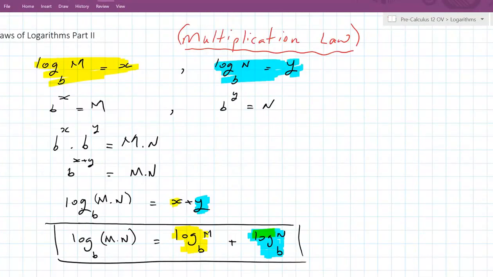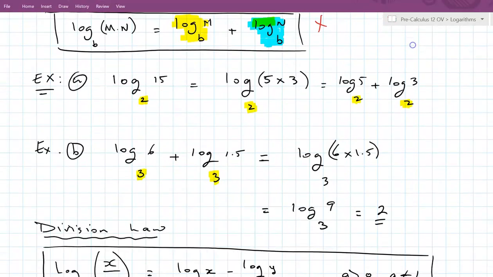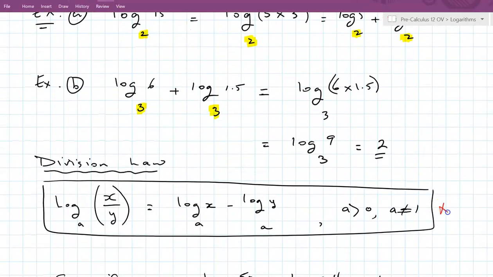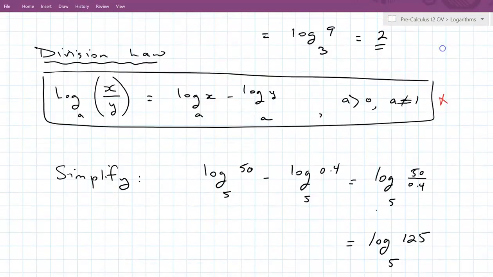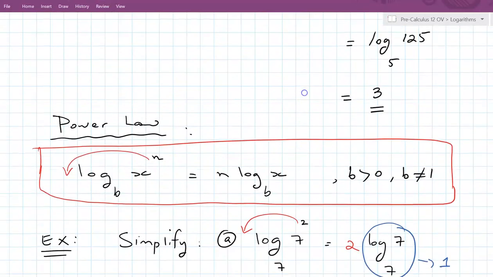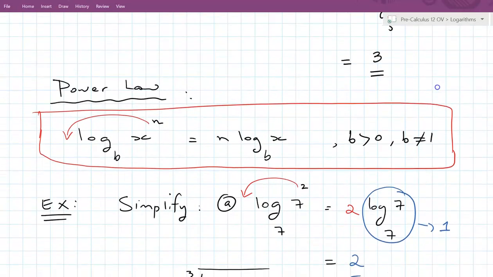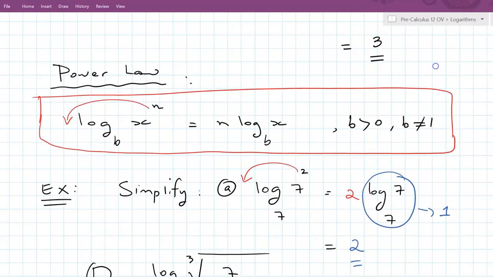So for this section, what did we cover? We covered the multiplication law, which is right here. Then we covered the division law, which is right there. And then we did the power law, which is right there. But within the power law, some textbooks use another law called the root law.